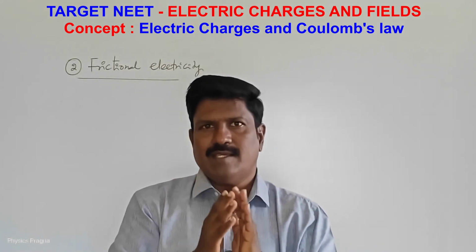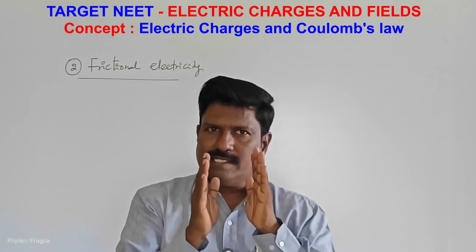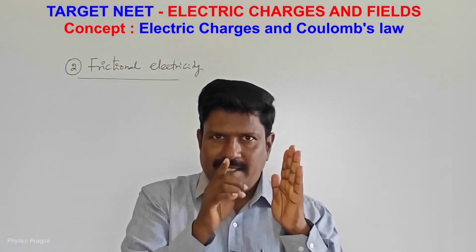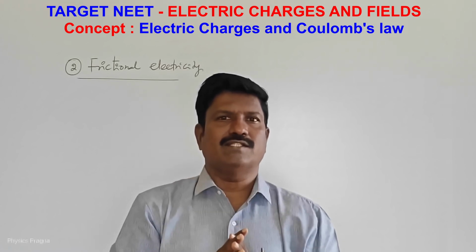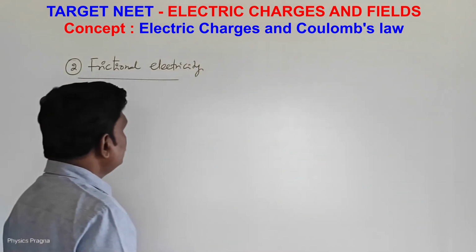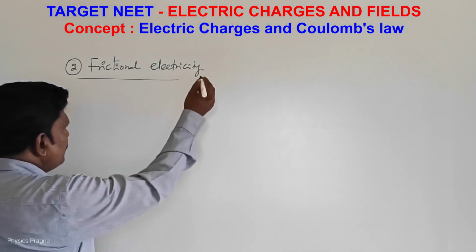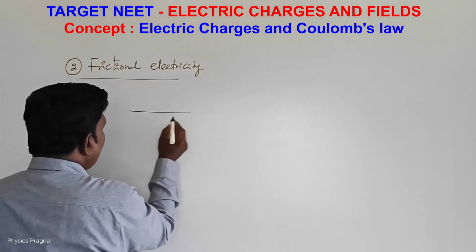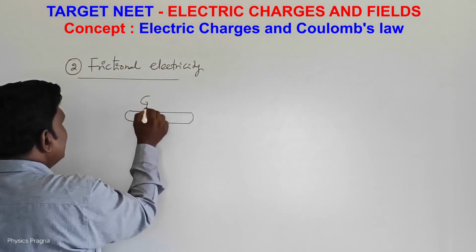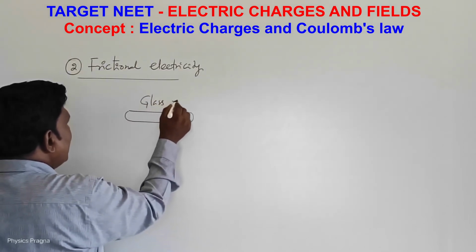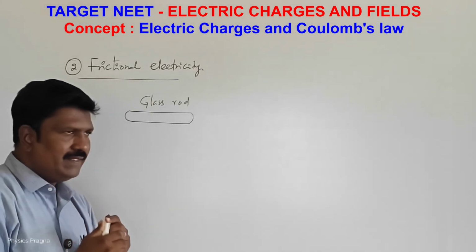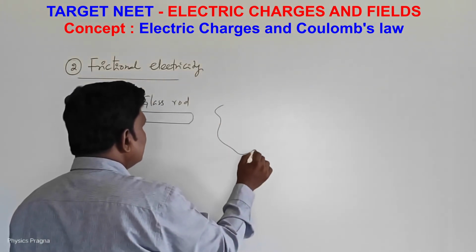So charging a body, what do we mean? Charging a body is adding electrons or removing electrons. So here, by friction, suppose for example I have taken a glass rod, and I rubbed this glass rod with a cloth.